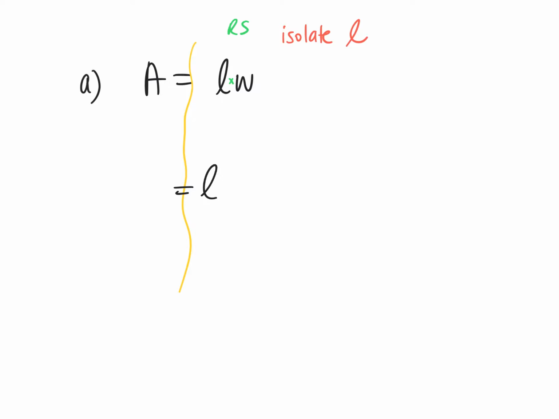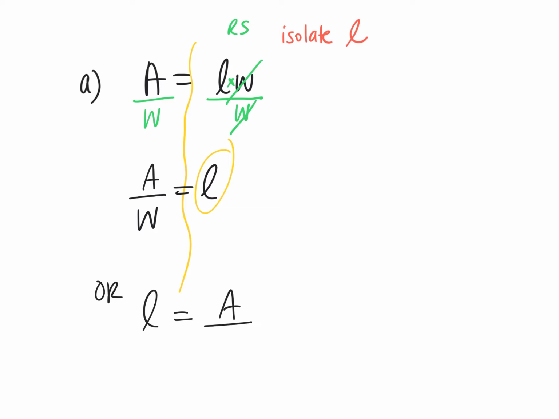The L is on the right side, and it's L times W. What's the opposite of multiply by W? Divide by W. That gets rid of it, and that gets my L by itself. What do I have to do to the left side? Divide by W. So the answer is A over W equals L, or you can say L equals A over W.